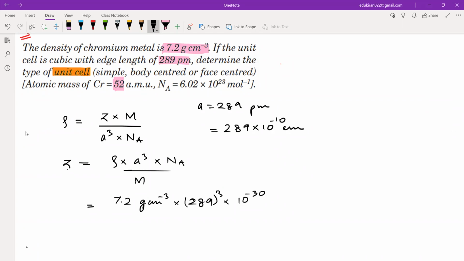Okay, so what is the value of Z you are getting? What is the value of Z, Maimuna? Tell me in chat now.